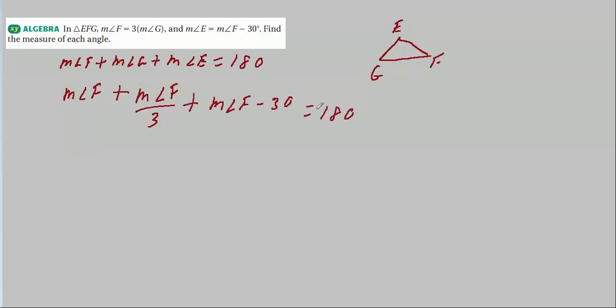Now I'm going to make one little shorthand substitution. We're trying to solve for the measure of angle F, right? How about if I just write x equals the measure of angle F? It's just easier to write the x's when we go through here and start doing the algebraic manipulation. So we can rewrite this as x plus x over 3 plus x minus 30.